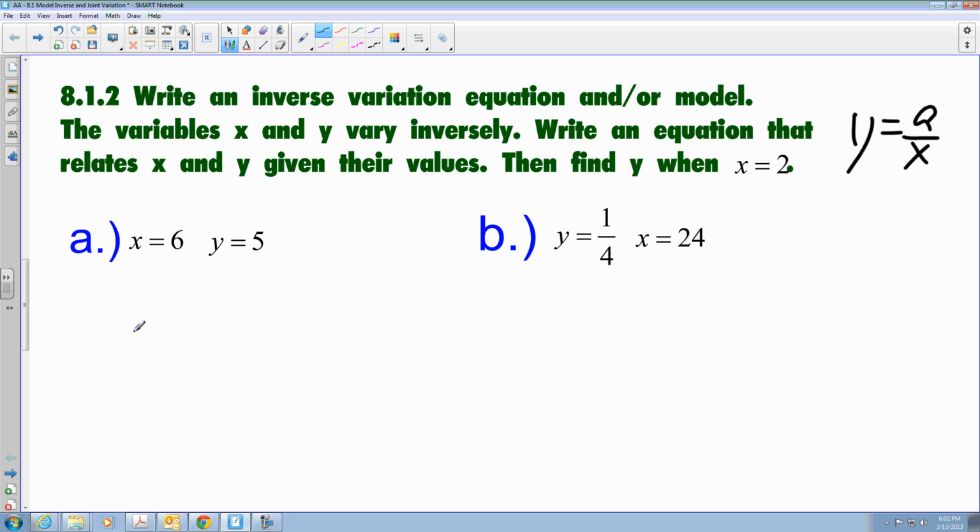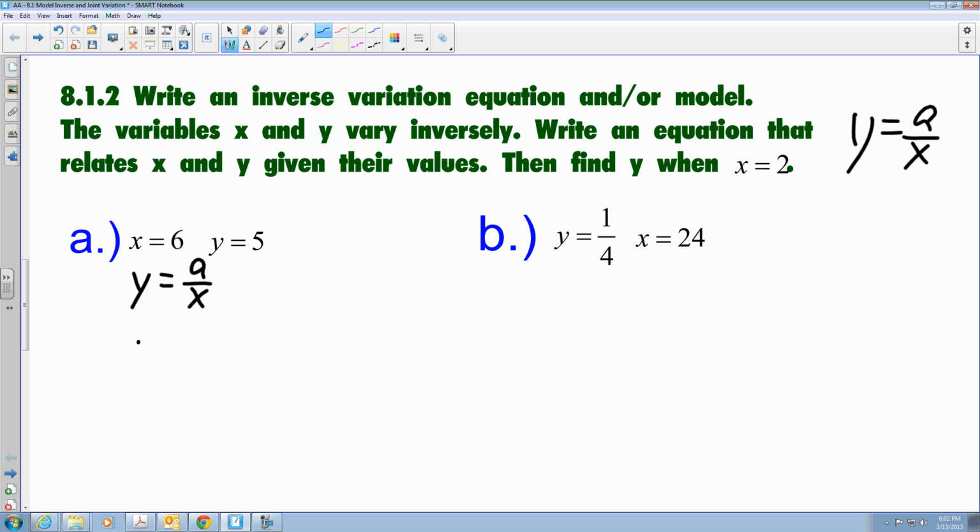For example A, they say x equals 6 and y equals 5. The only variable we do not know is a, but we can use these values in the equation y equals a over x by substituting y and x and then solving for a.